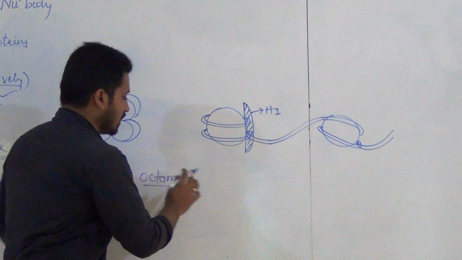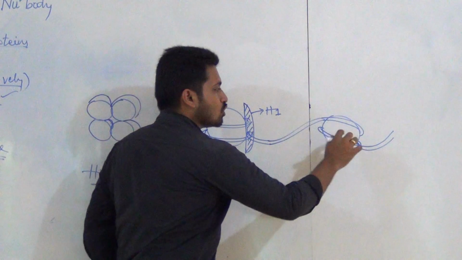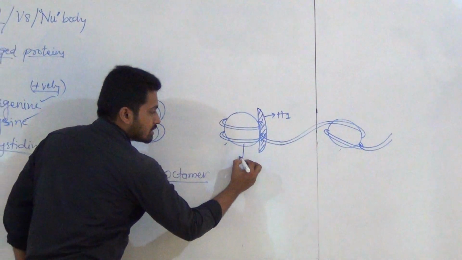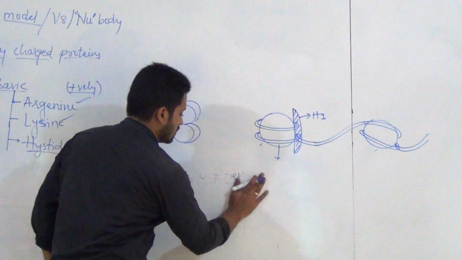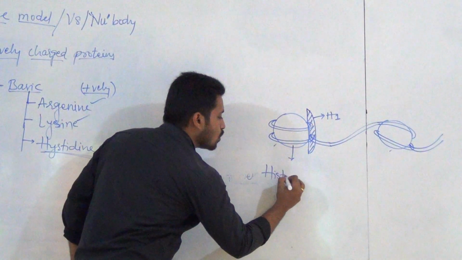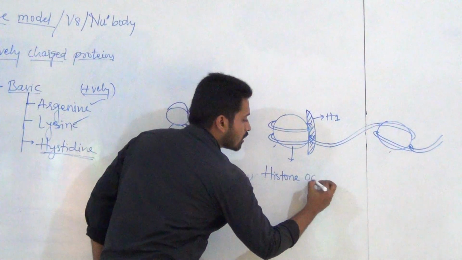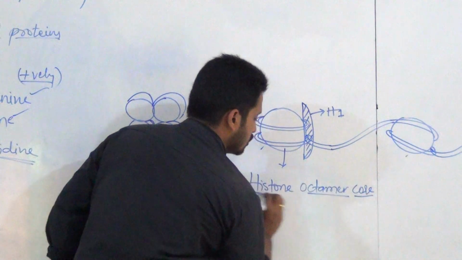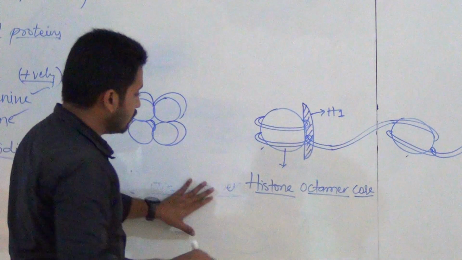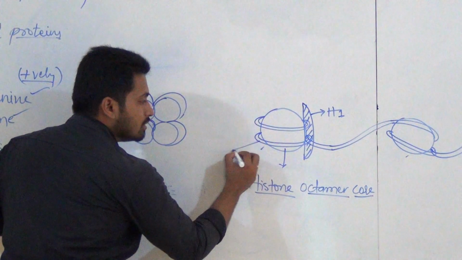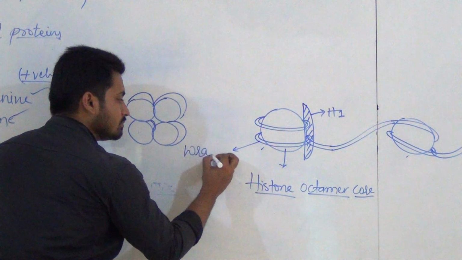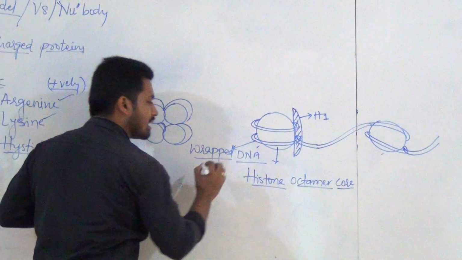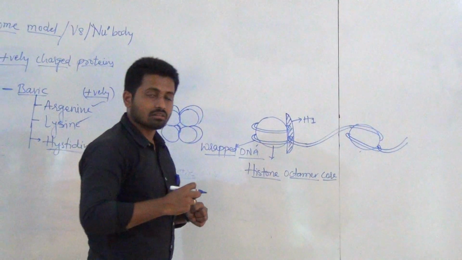Okay, so this is one histone octamer. This is another histone octamer to which the DNA is wrapped. This structure is called the histone octamer core, because here the DNA is wrapped. What is the cause of wrapping?